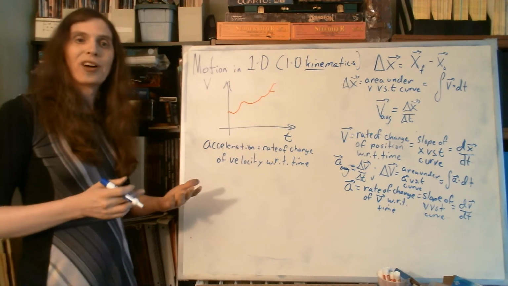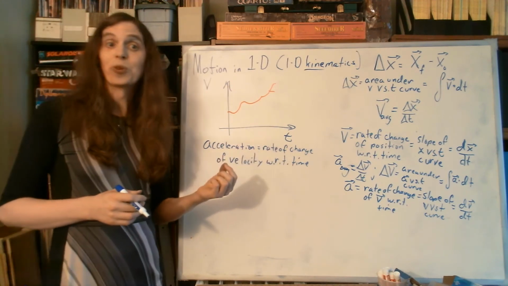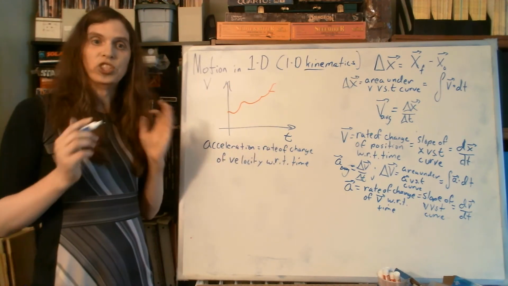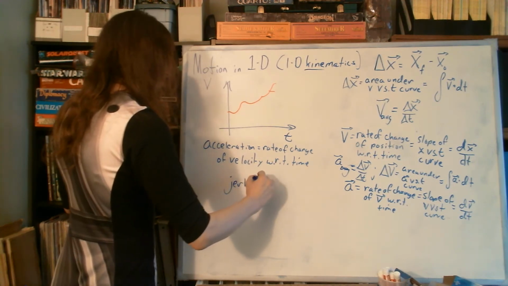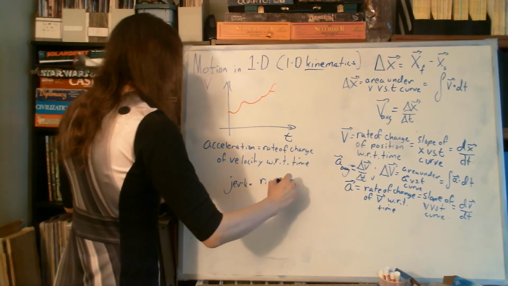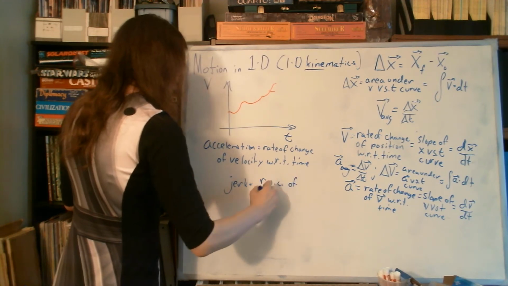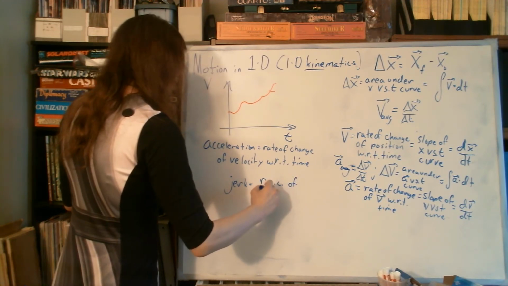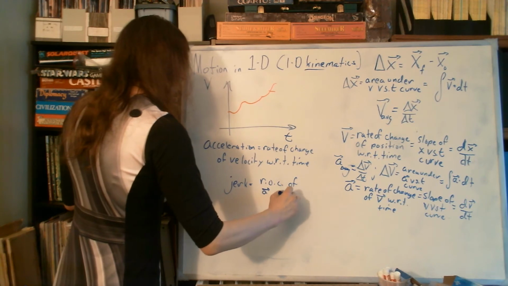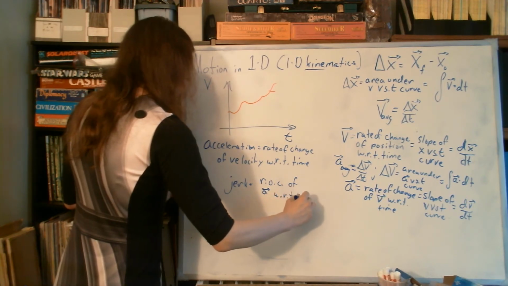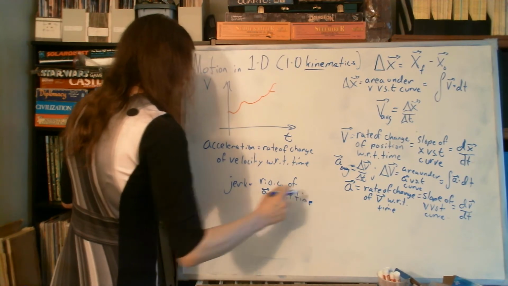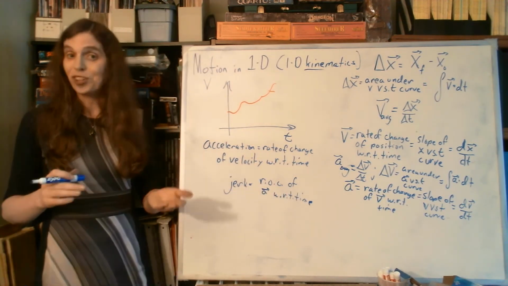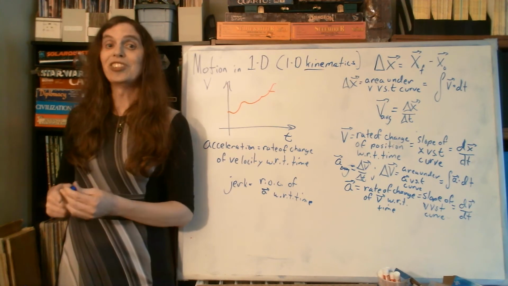We have the rate of change of acceleration with respect to time, which is called jerk. The rate of change of jerk with respect to time is called snap.